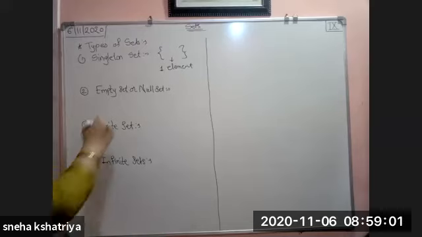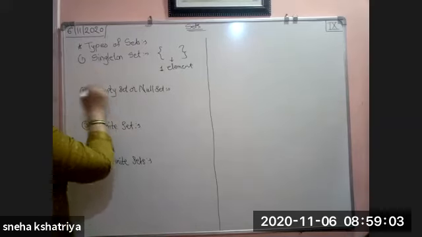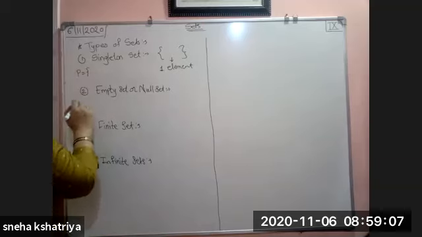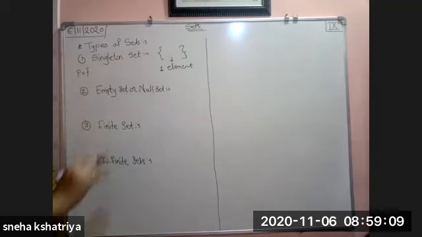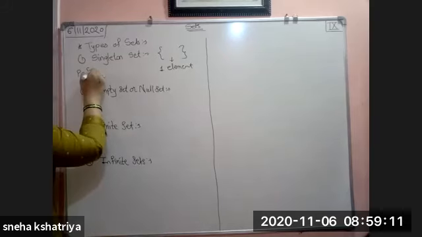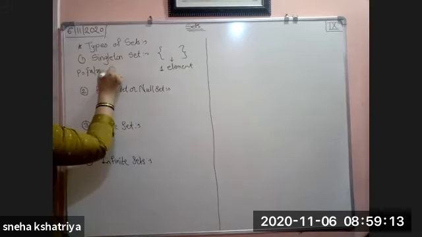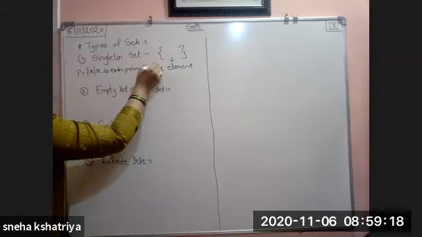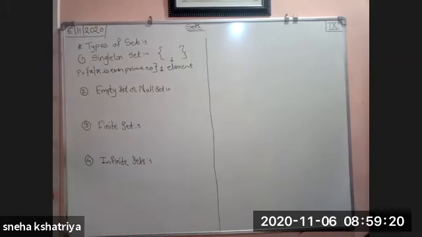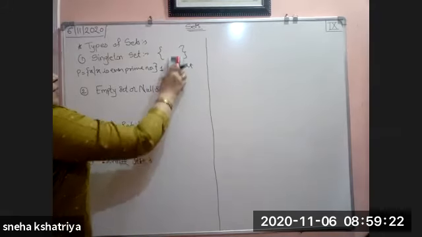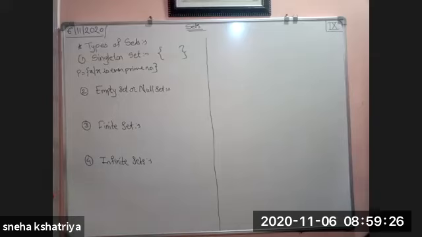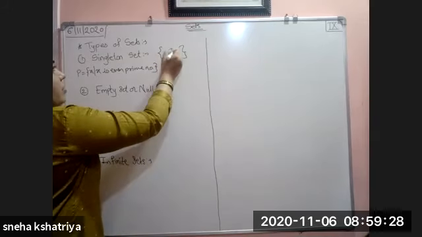For example, if I take P is equal to the set of X such that X is an even prime number. How many even prime numbers are there? There is only one even prime number, and that is 2.